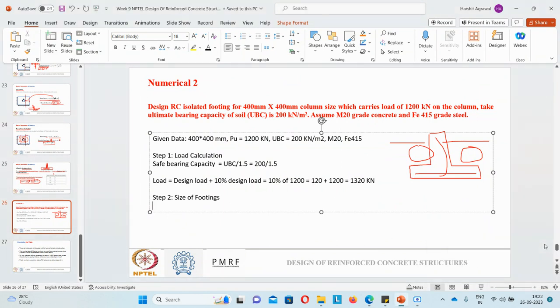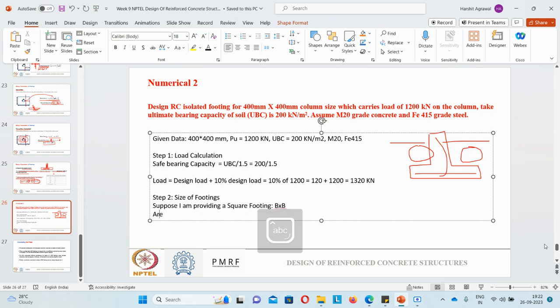So suppose I am providing a square footing. My dimension will be B cross B. Okay, so my area of footing will be nothing but the load acting, which is 1320 kilonewton. I will convert it into Newton, divided by the safe bearing capacity of soil, which is nothing but 200 divided by 1.5. So 1.5 will come here.